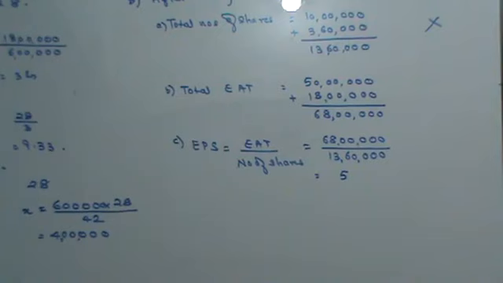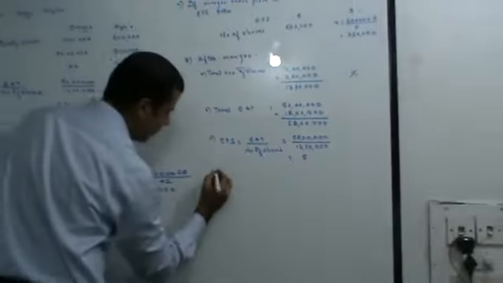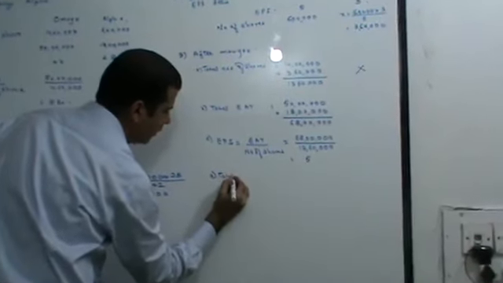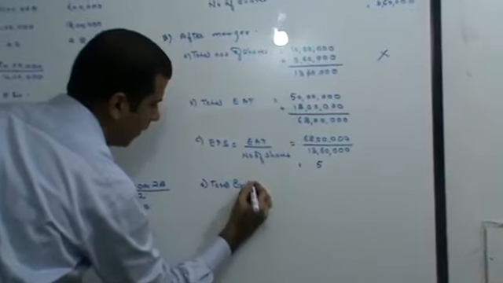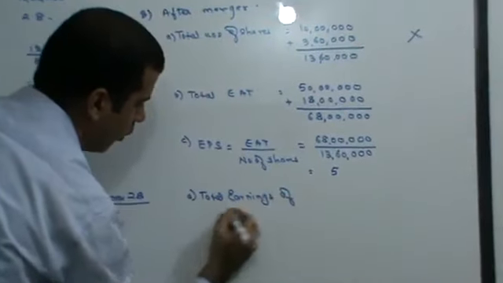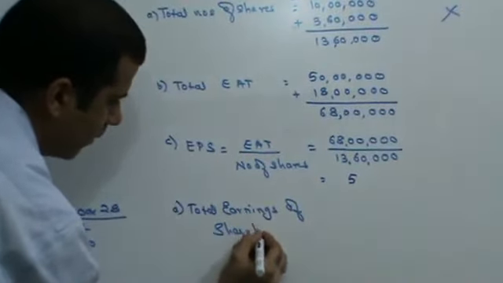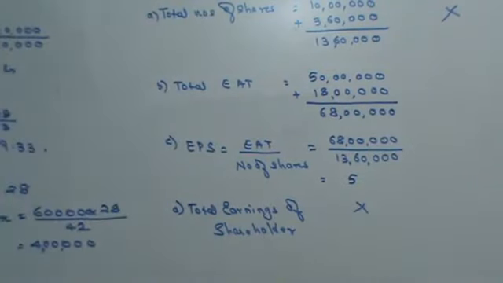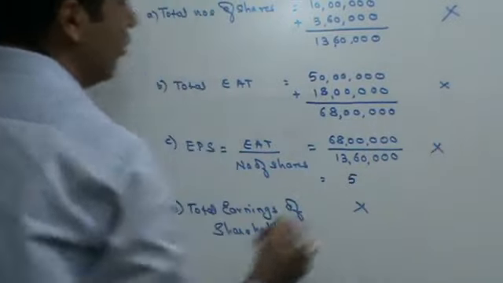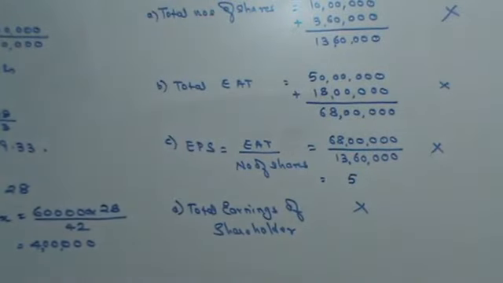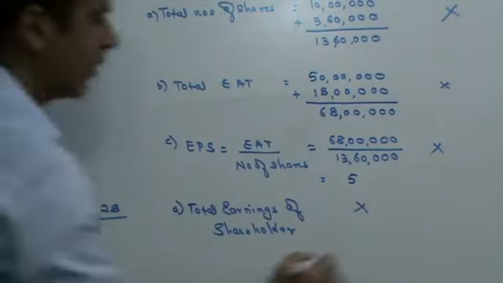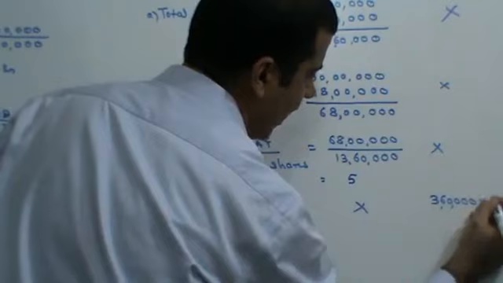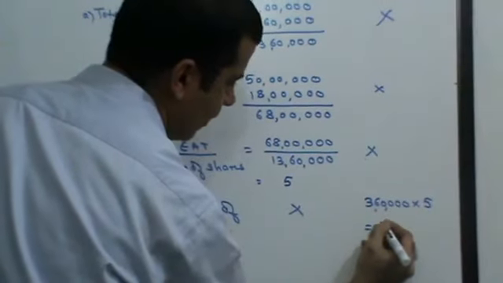Obviously, since I am doing the merger at old EPS ratio, therefore the total earning of shareholders of Alpha Limited, the shareholders of Alpha Limited who have been given these new shares. They have been given 3,60,000 shares at 5 rupees per share, right?